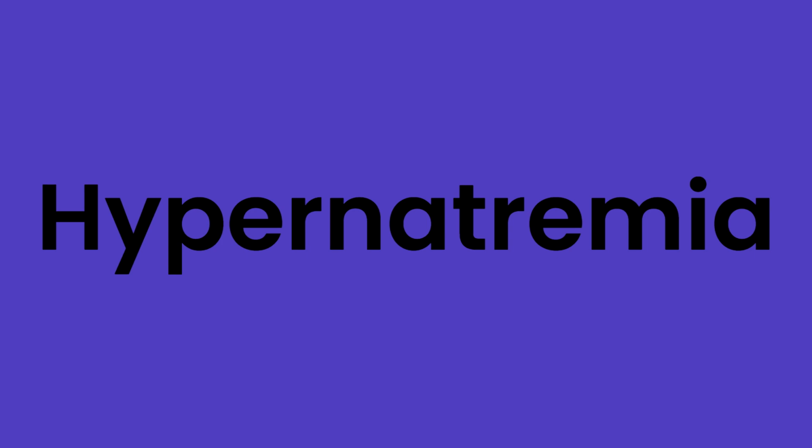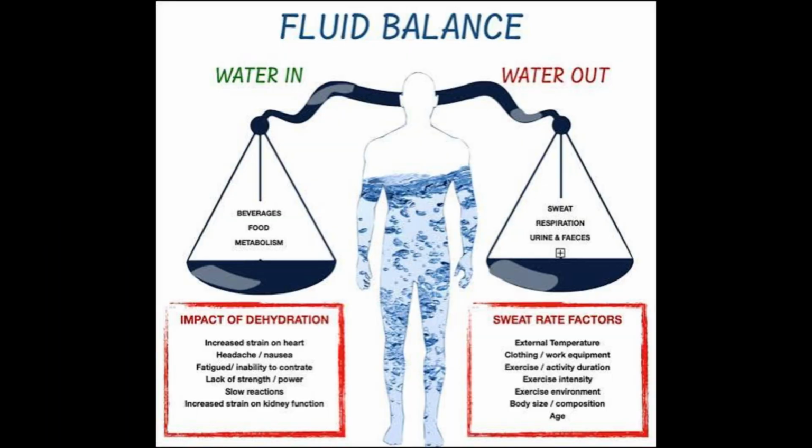Today, we will discuss hypernatremia, an electrolyte disturbance that often signals significant water imbalance and is associated with high morbidity and mortality, particularly in critically ill and elderly patients. Hypernatremia is not simply a sodium problem. It is primarily a water balance disorder.